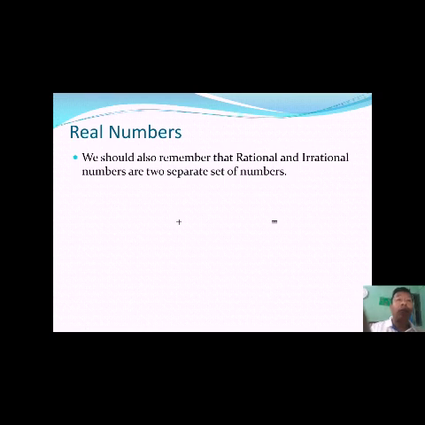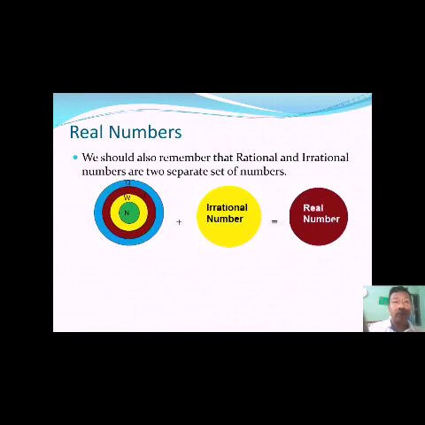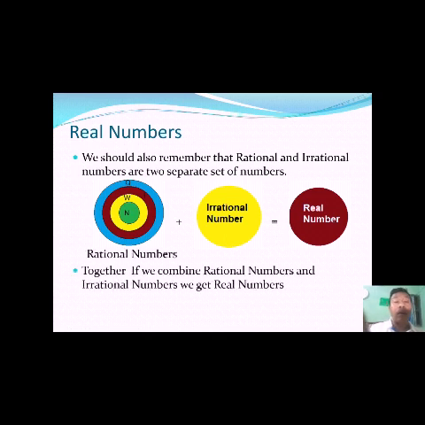In a very simple way, we can say that irrational and rational numbers are two different sets of numbers. Now, if we combine the set of rational numbers and the set of irrational numbers, we have the real numbers. So together they form a set of numbers called real numbers.